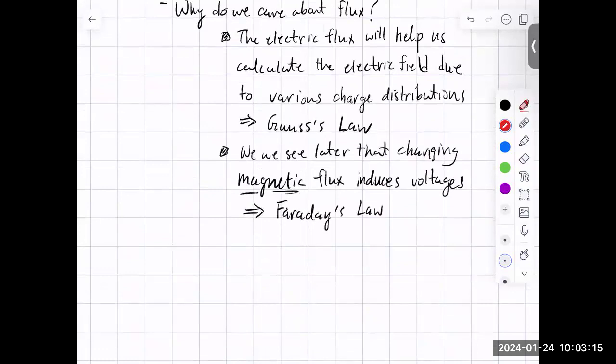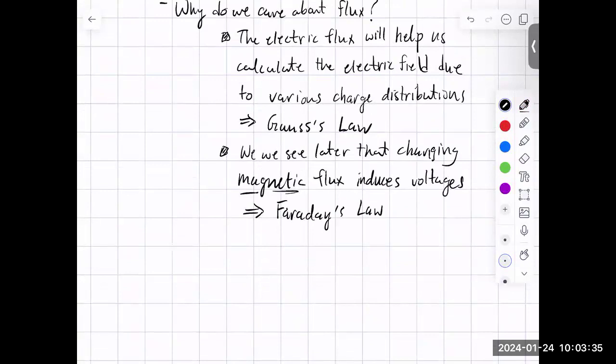To begin, we're going to recall one of the facts that we established about electric fields. Remember, we drew the electric field due to point charges, and we said electric fields point away from positive point charges and in towards negative charges.